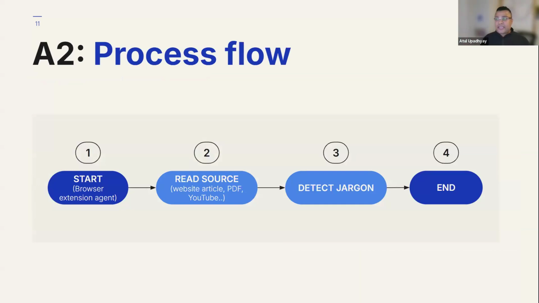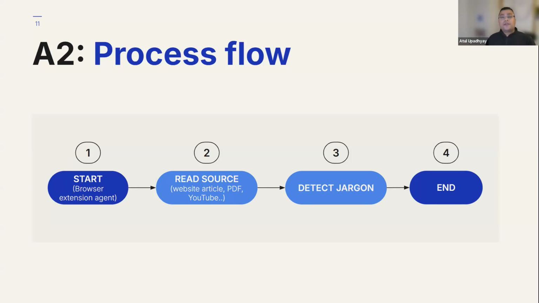And this is the process flow. Quickly looking at the process of this agent. We have that same, what Shabnam just a few minutes ago showed the whole thing, just talking through that one more time. We have the start block. We are telling the agent in this block that, hey, I want you to run in this and this mode, right? So the mode that we are going to use is a browser extension.